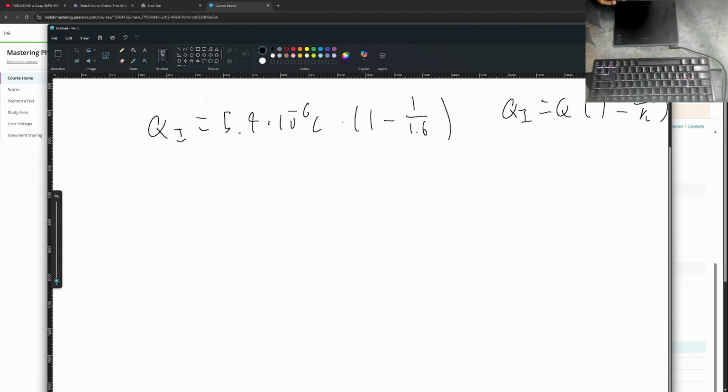That gives 0.375 times 5.4 times 10 to the power of negative 6. And so then we get a charge induced of 2.03 times 10 to the power of negative 6. And this will be in coulombs.